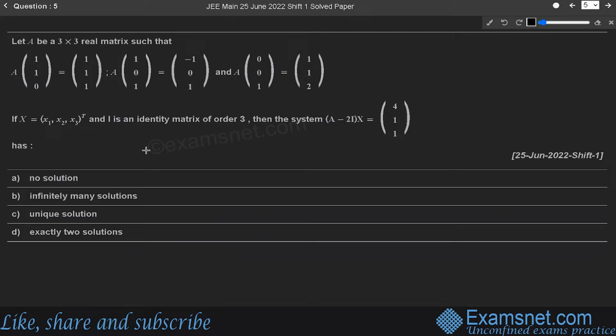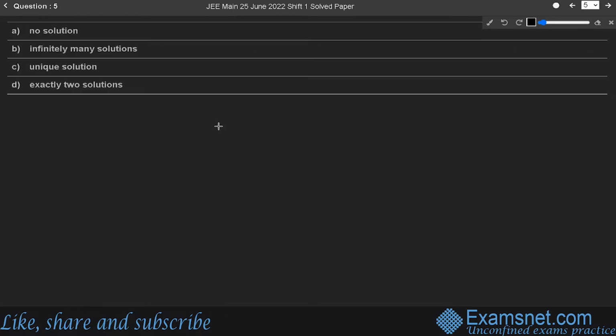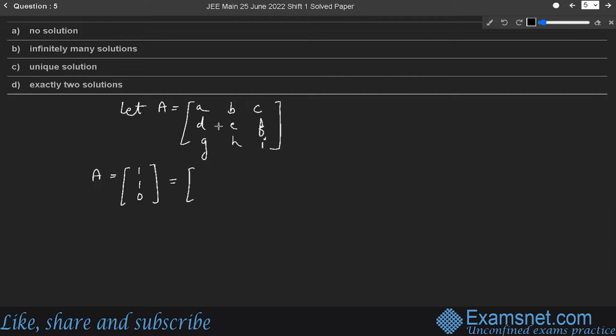So, let matrix A be equal to [A, B, C; D, E, F; G, H, I]. It is given that A times [1,1,0] is equal to [1,1,0].